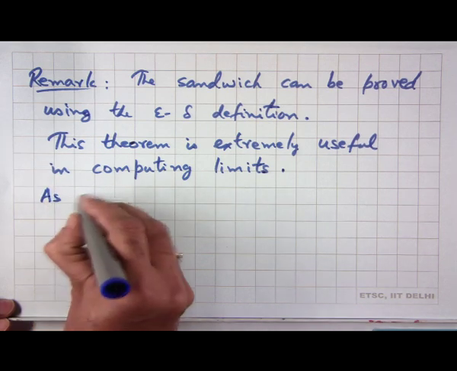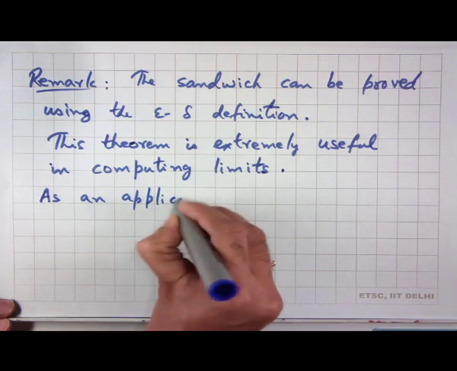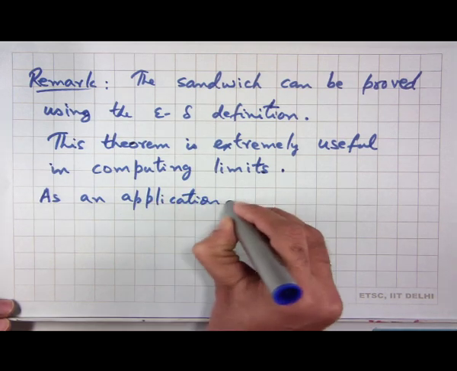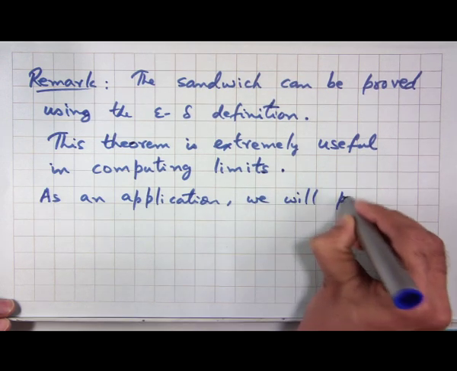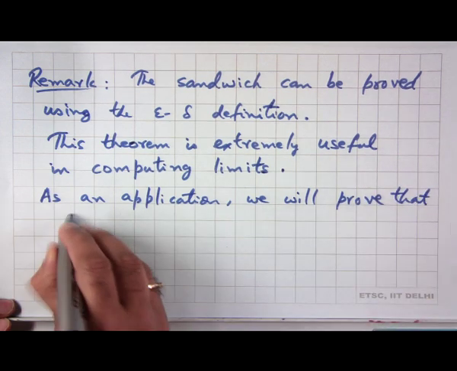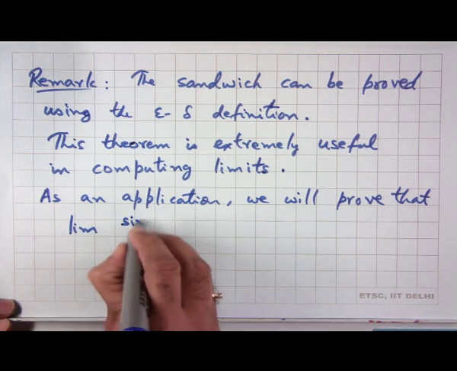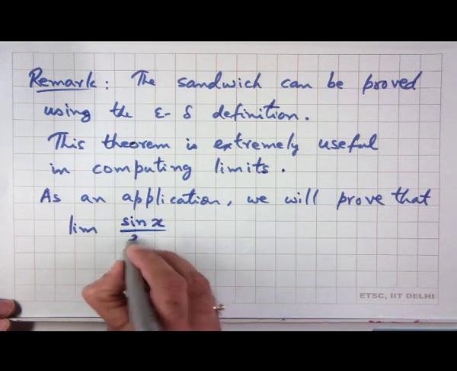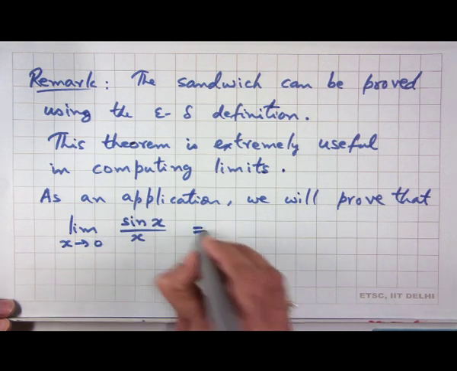As an application, we will prove that the limit of the function sin x over x as x approaches 0 is equal to 1.